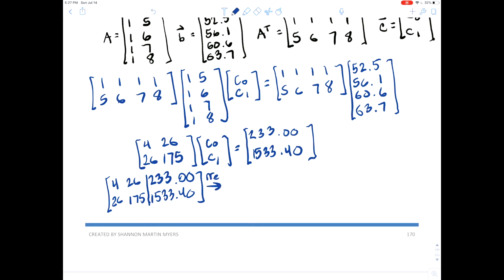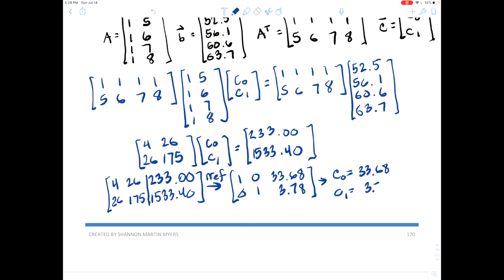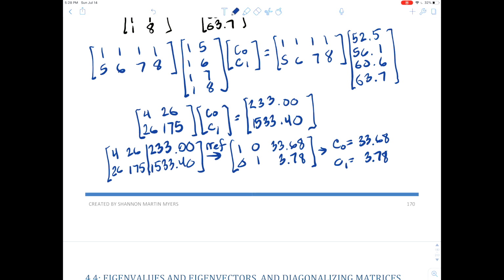And the reduced row echelon form for that turns out to be 33.68 and 3.78. Okay? And so this gives us that C0 is 33.68 and C1 is 3.78.